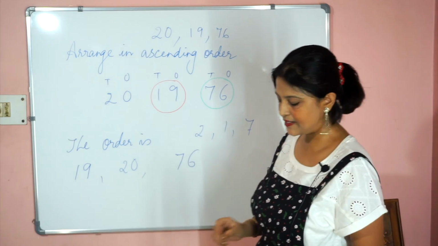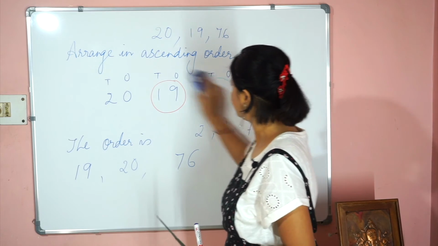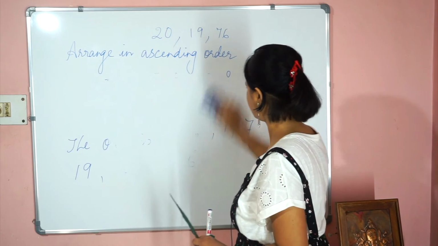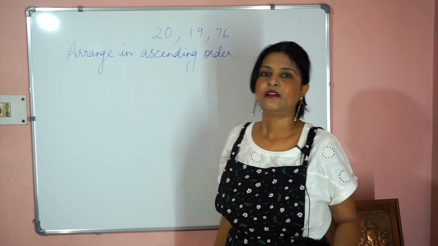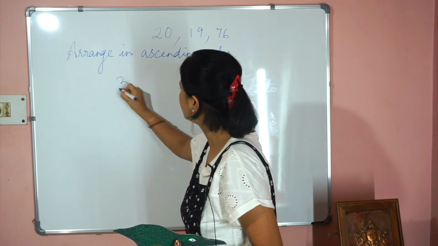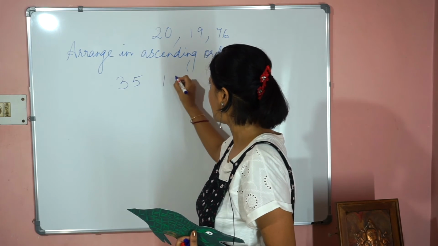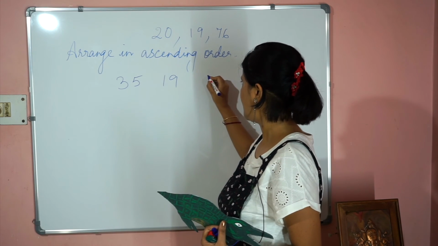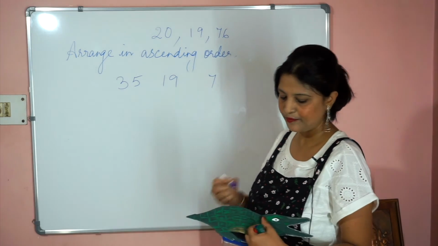I am giving you another example. Suppose we are given three numbers as 35, 19 and 7. Okay.